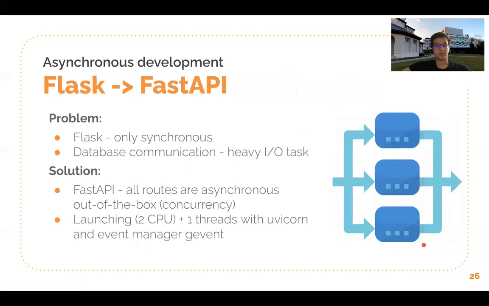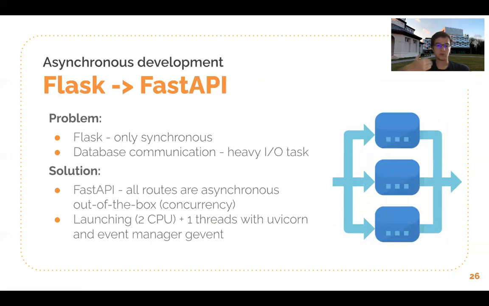We have developed our code to be asynchronous, and our first implementation was based on the Flask framework. And as we know, Flask is only synchronous, which was slowing our web application. We had a very heavy input-output task, which was the database communication.